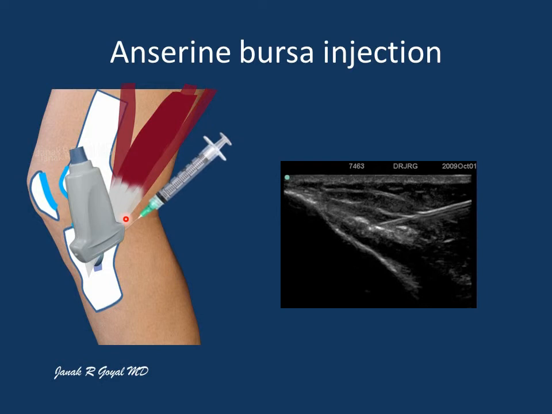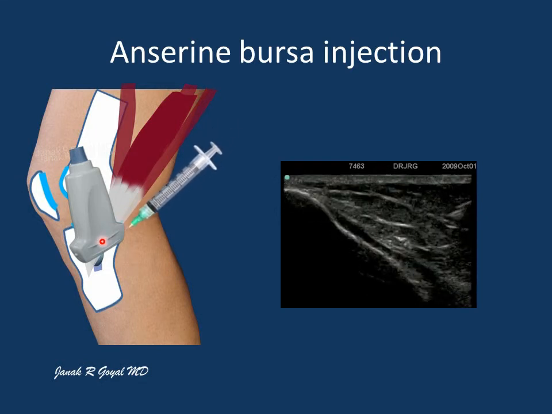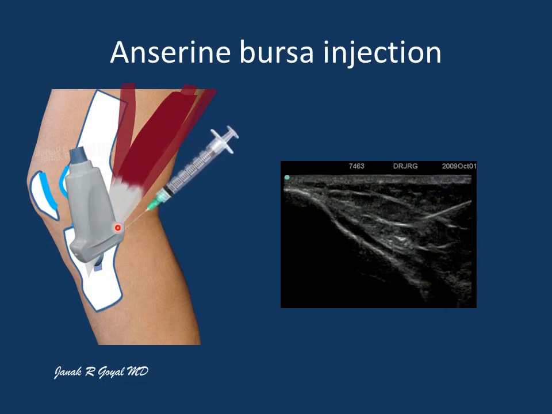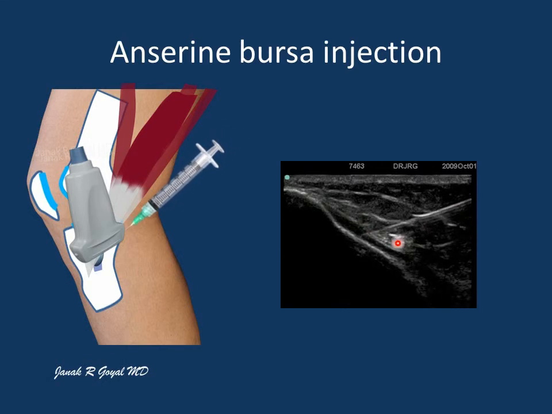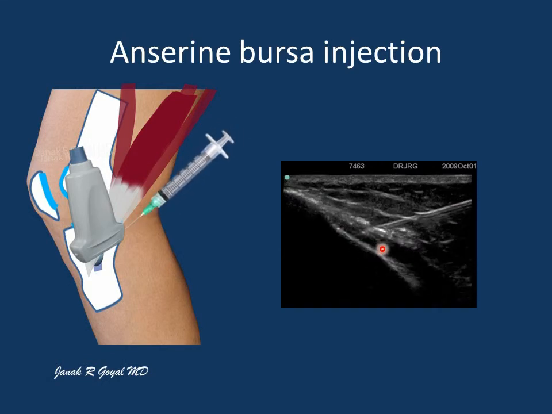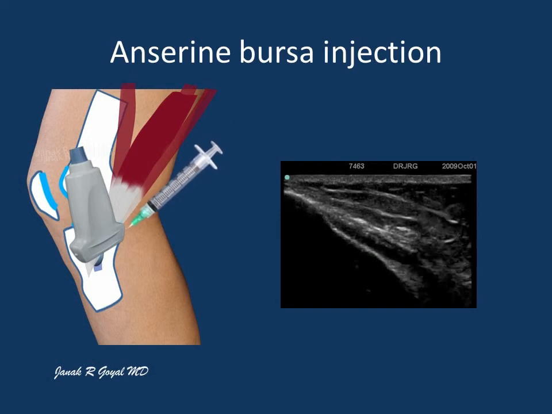The needle is directed into the bursa in plane to the transducer face. Here is your transducer, here is the pes anserine tendon, and here is the needle being directed into the pes anserine bursa. And here is your video clip showing the pes anserine tendon and the needle in the pes anserine bursa and the injection being made.